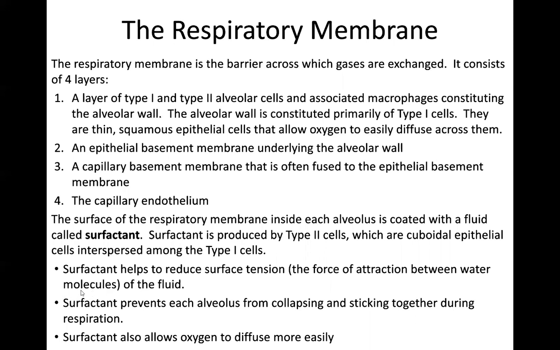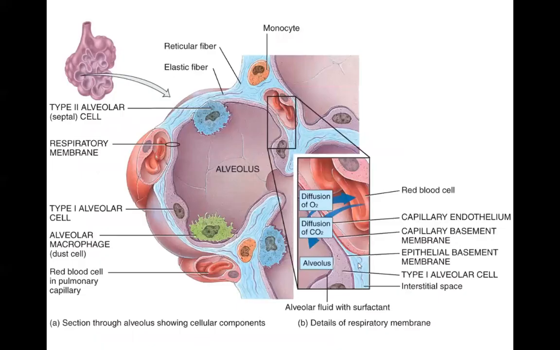So it reduces the surface tension of the fluid. It prevents each alveolus from collapsing and sticking together during respiration. And in doing so, these two things really impact number 3, which is what the whole importance is. And that's that surfactant allows oxygen to diffuse more easily. And so that's a very, very important fluid. And it's produced by those type 2 cells.